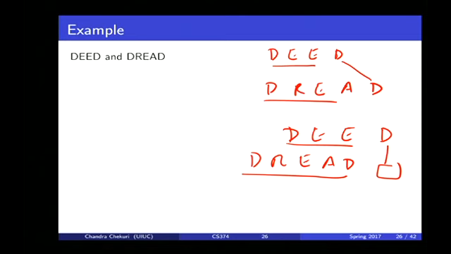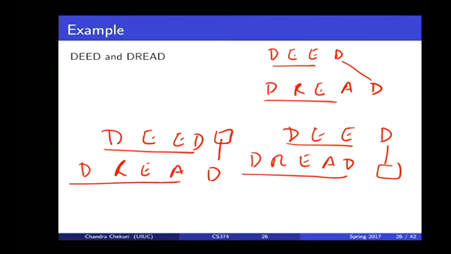What is our third case? We align this guy with a space, and then we have to align this guy with this guy. Those are the only three possibilities.